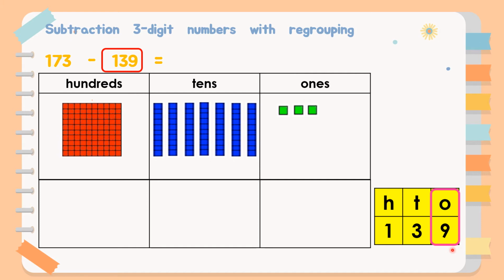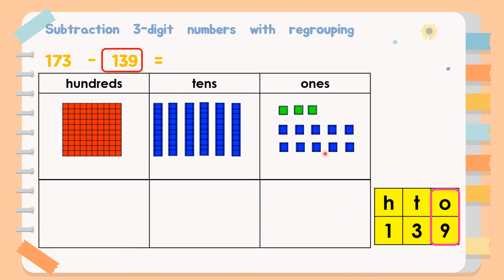Start by subtracting the ones. Can we take away 9 from 3? No, we can't. Not enough. Tidak cukup. So, what can we do? Look at tens. We can borrow 1 from tens and add 10 blocks in ones. 1, 2, 3, 4, 5, 6, 7, 8, 9, and 10.